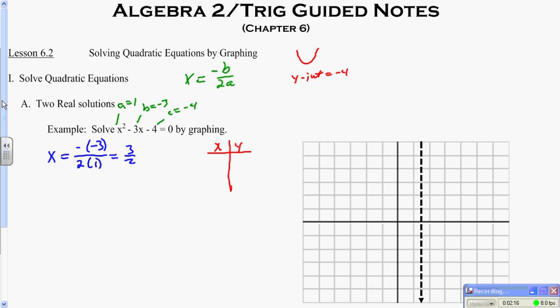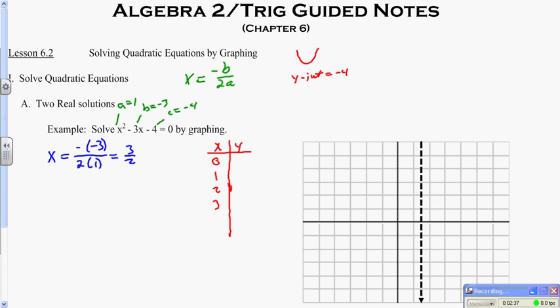So when we go and make our table, we can plug in a 0 for x, a 1, a 2, 3, and that gives us a couple of values for x on either side of it.